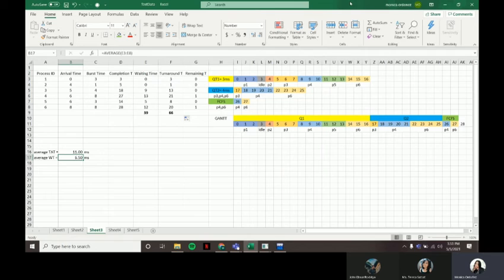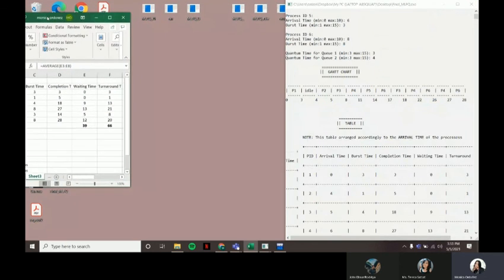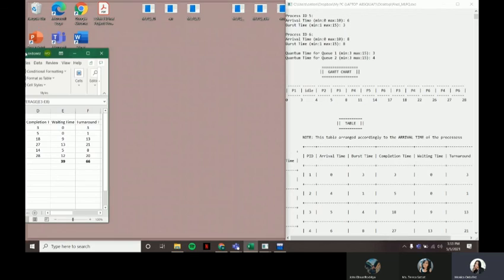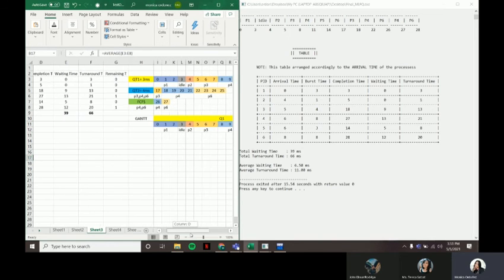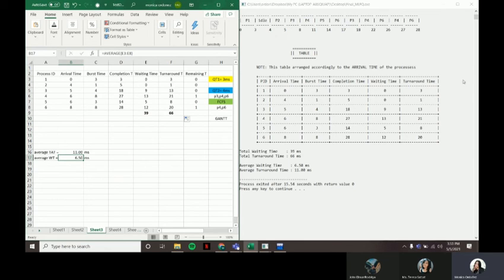So now we will compare it to our program's output. P1 has a completion time of 3, P2 is 5, P3 is 18, P4 is 27, P5 is 14, and P6 is 28. Their turnaround times are 3, 1, 13, 21, 8, and 20, with a total turnaround time of 66, as you can see here in the table.